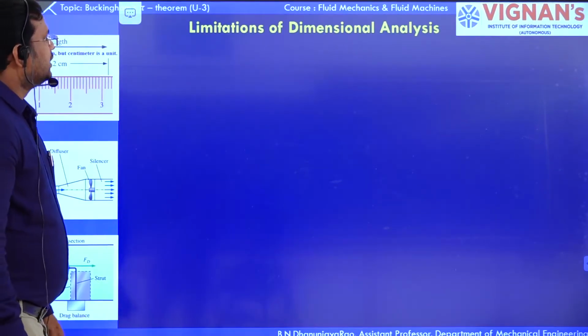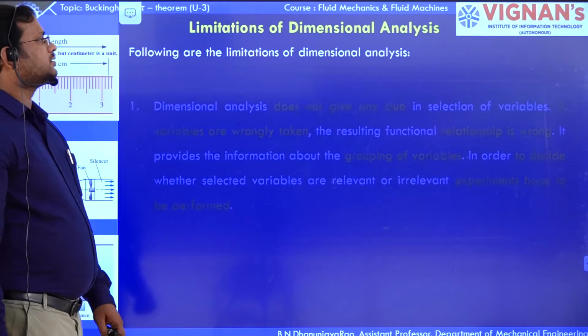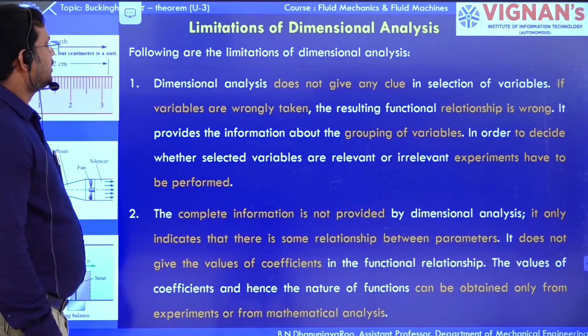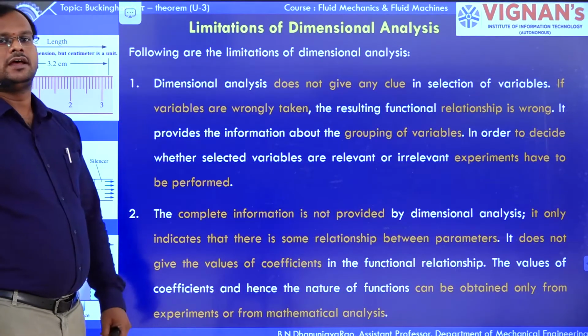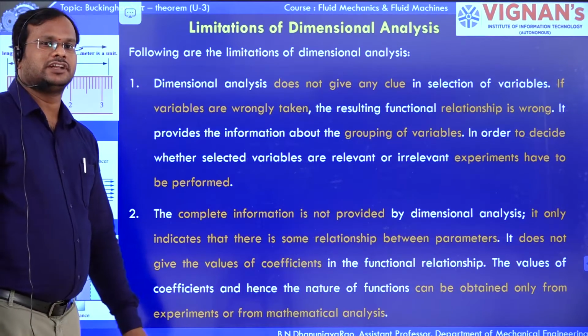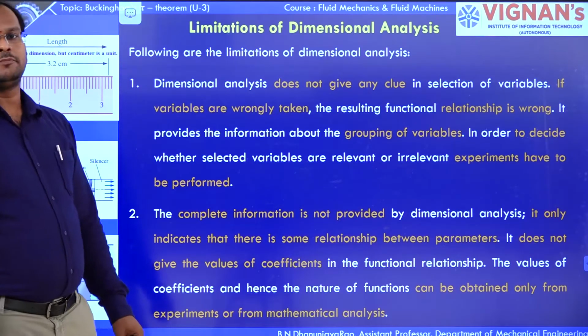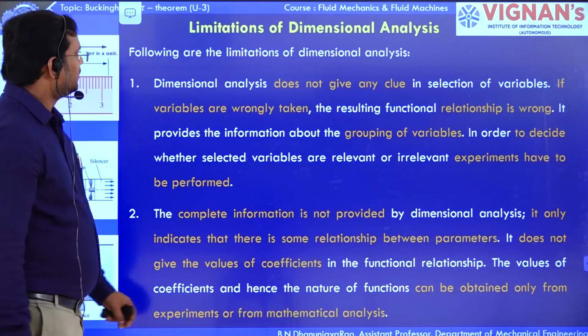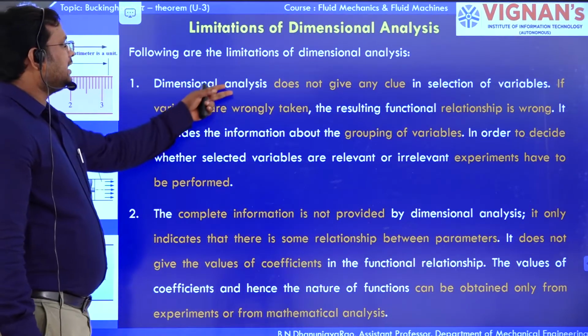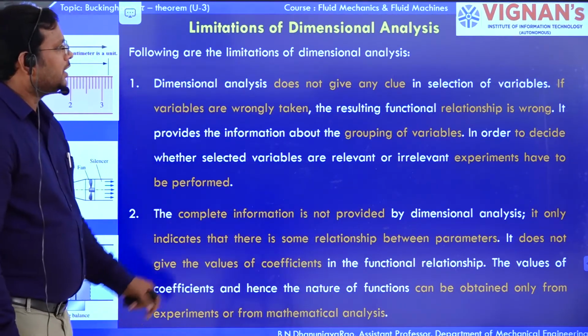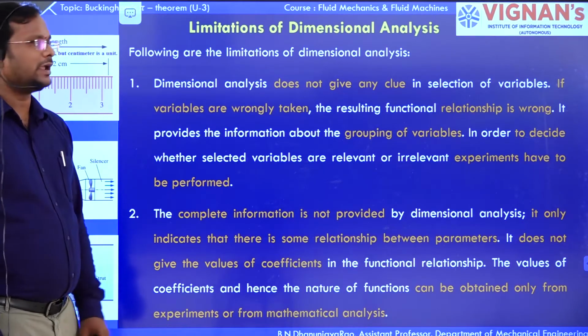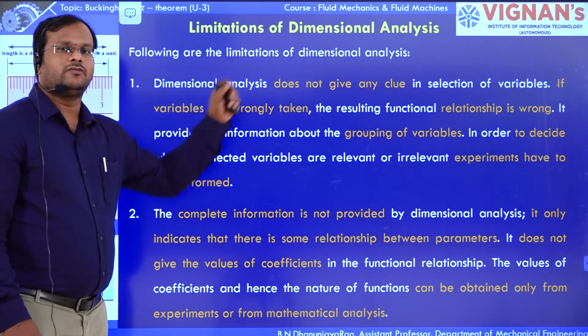So here are the limitations of dimensional analysis. What are the limitations? There are certain limitations for dimensional analysis when applied to a particular fluid flow problem. Dimensional analysis does not give any clue in selection of variables.